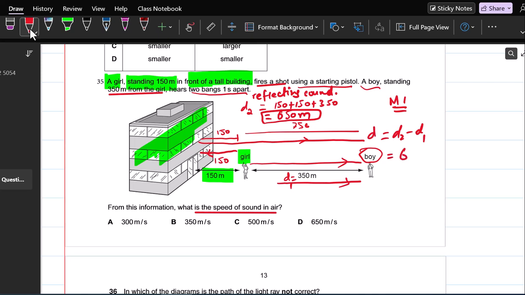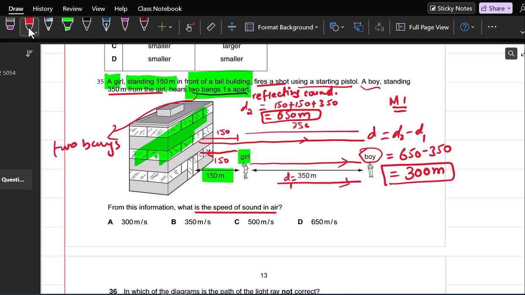So it will be 650 minus 350. It comes out 300 meter. This is the distance which is the gap between two bangs. This is the distance, and the time taken is 1 second. So you know speed is equal to distance over time. 300 divided by 1, it will be 300 meter per second. And this is one of the appropriate methods.